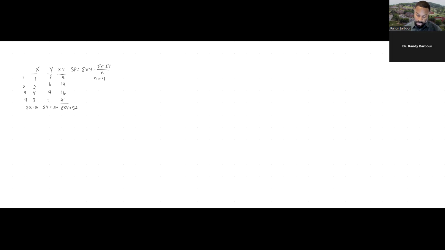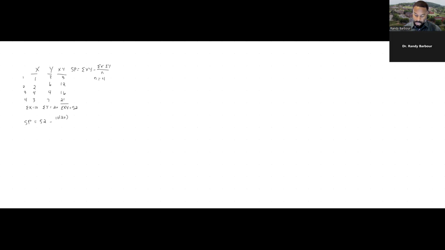So let's compute our SP. And you can see that it's a little bit easier than having to do all the deviations, compute the mean, all that stuff. Now we're able to skip that. So now we have 52 minus 10 times 20 divided by 4.